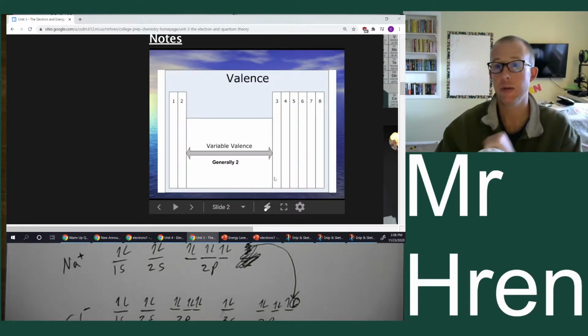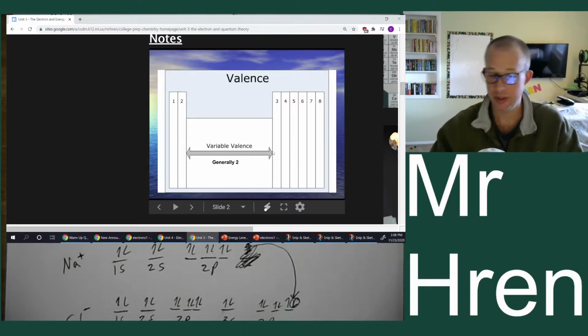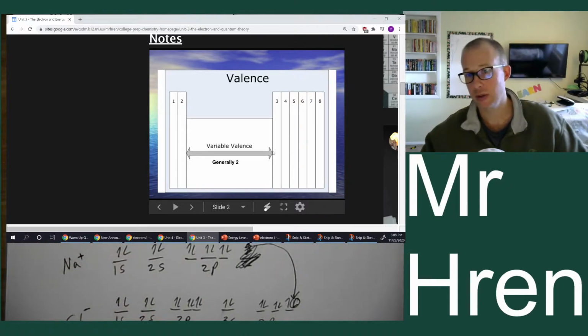Now, something that's really good to remember and really easy to figure out is that you're pretty much just going to be looking at the periodic table.